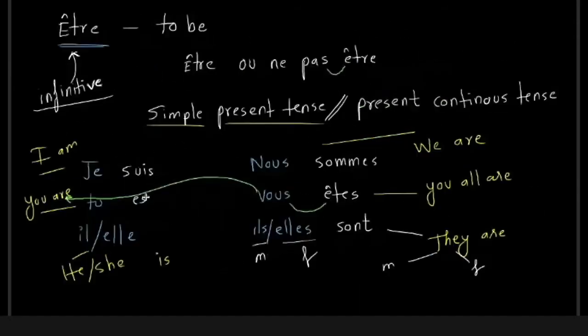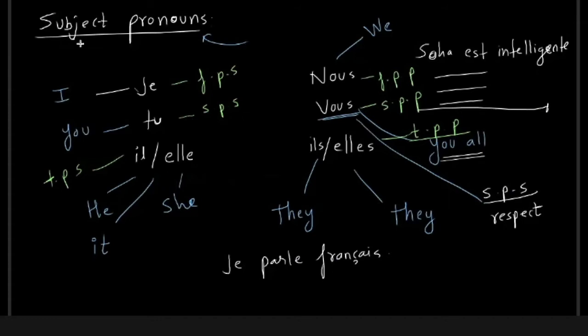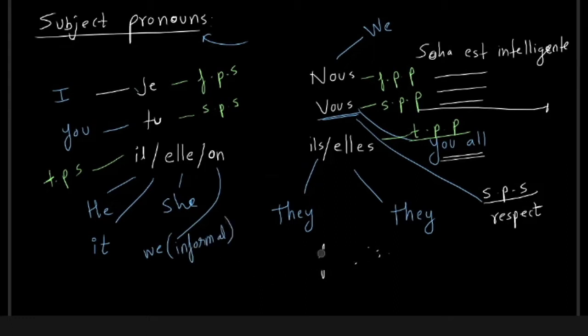Okay, going back a little bit, I remember Alok asked something, and I'm going to add that here: the subject pronoun on. It has multiple usages, but the usage that we are going to study for now is informal we. It is the one which is very frequent in French.